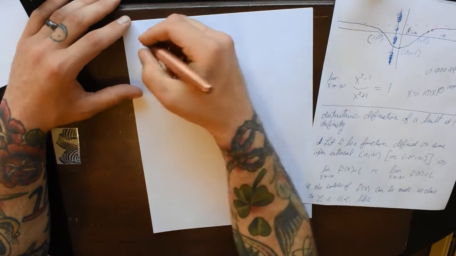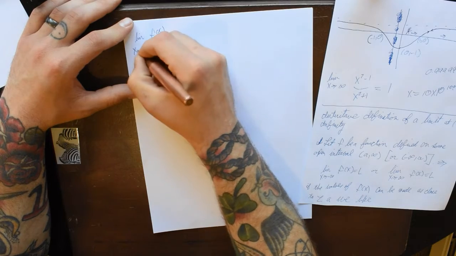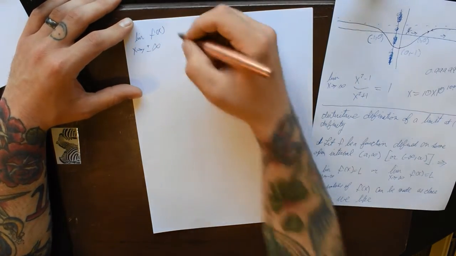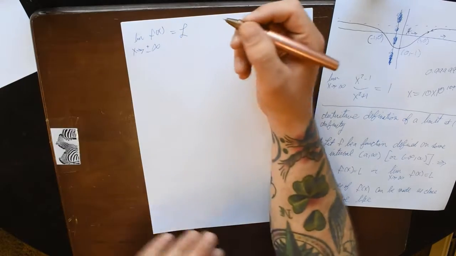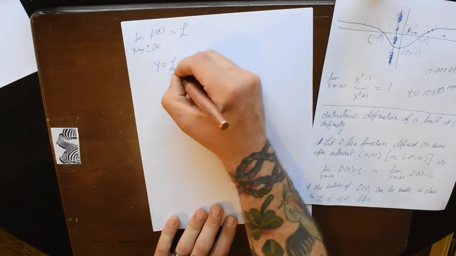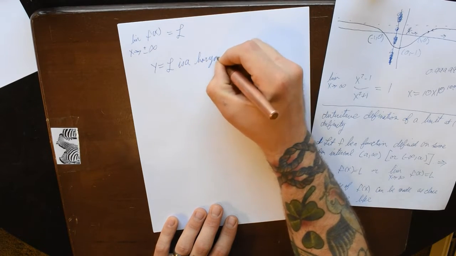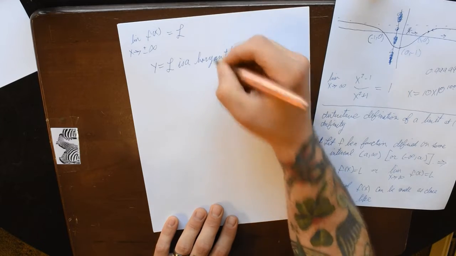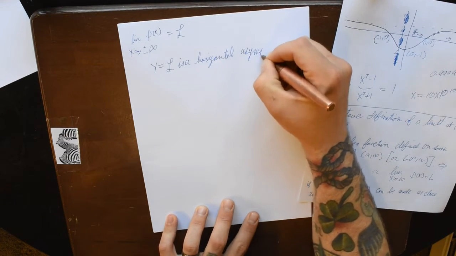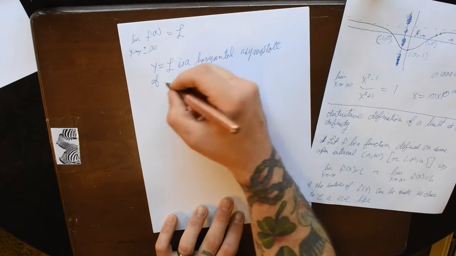If we have the limit of some function of x as x gets really big in either the positive or the negative direction, and if that is equal to some number L, we can say that the line y equals L is a horizontal asymptote of f of x.